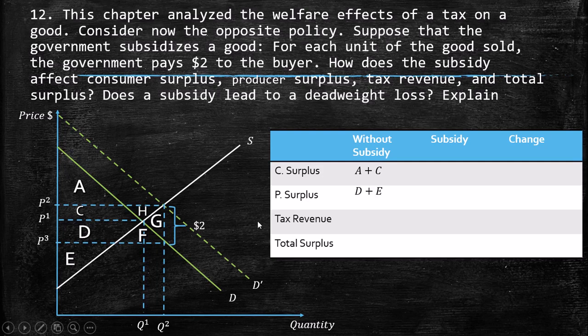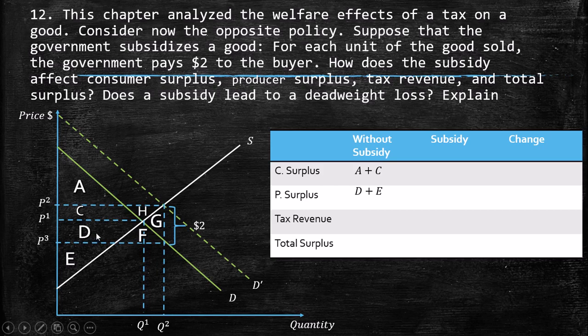The producer surplus will have a benefit, because there are producers who are willing to offer the products even at prices lower than P1, but instead they can offer at P1.